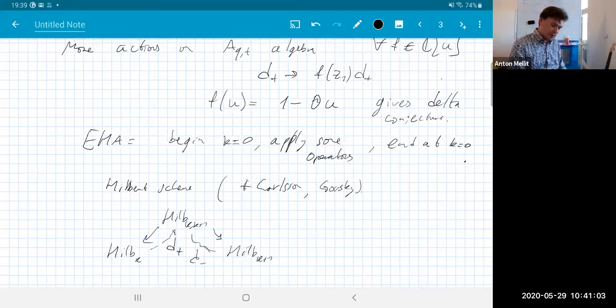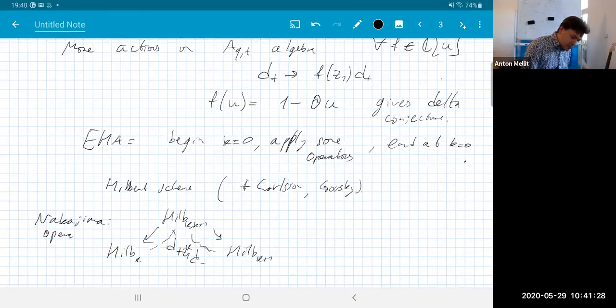More generally, you apply D plus, then Z1, so you rotate several times, and then apply D minus to go down. That's it for Nakajima operators.